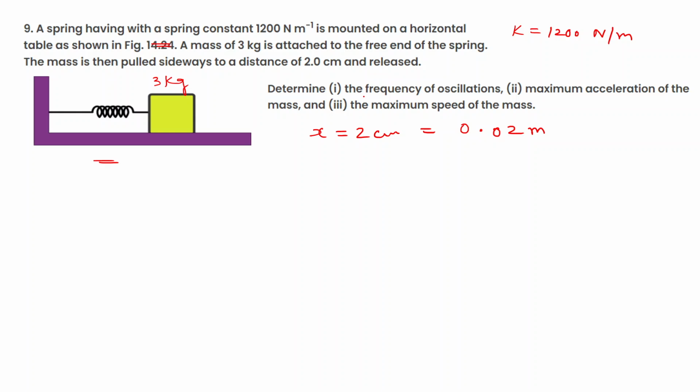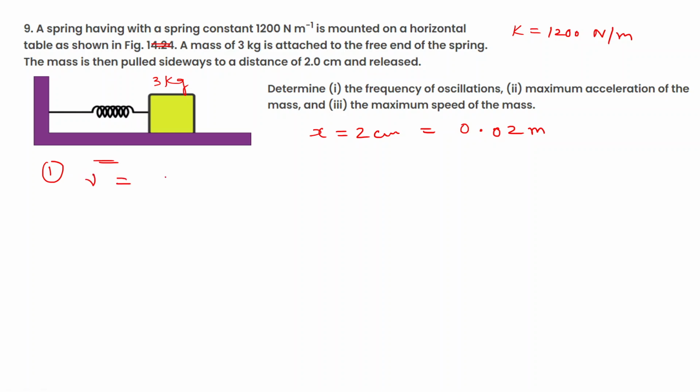So when it is released, there will be some frequency. We need to calculate it. It will oscillate about the equilibrium position, right? So we have been asked to calculate 3 things. First is the frequency of oscillation.